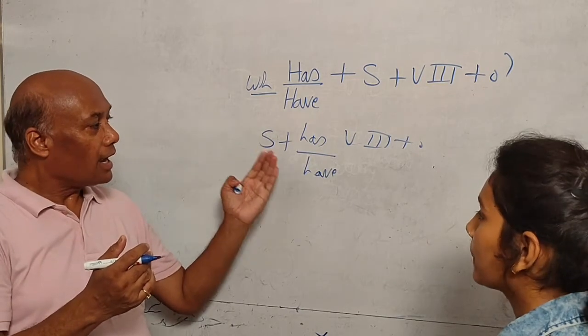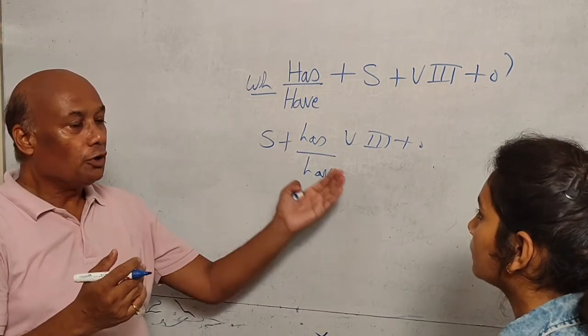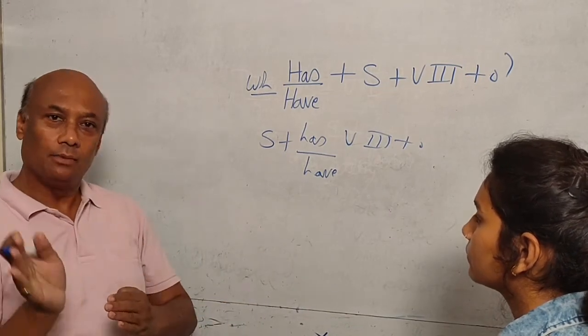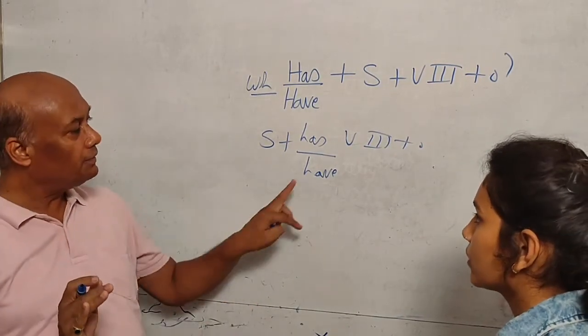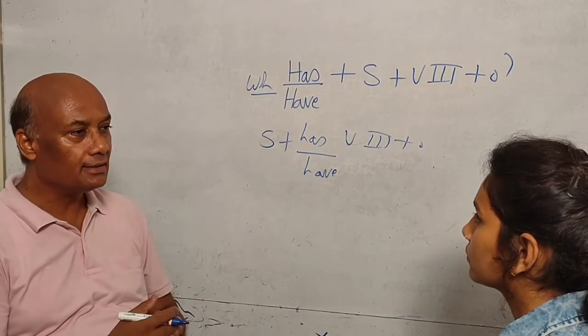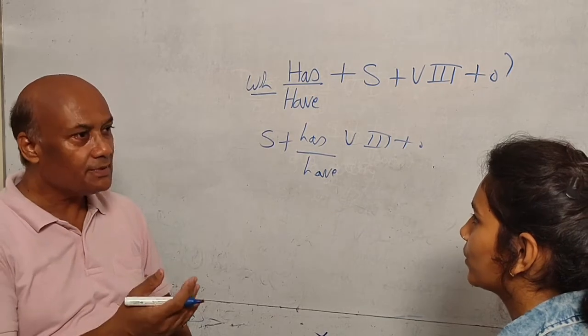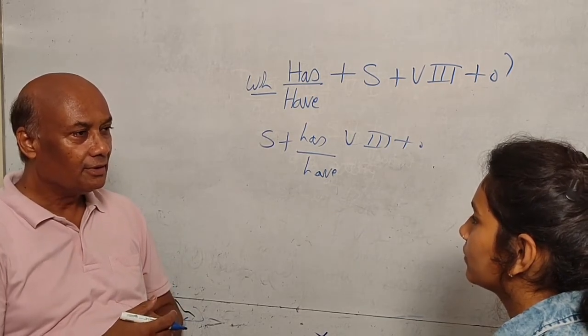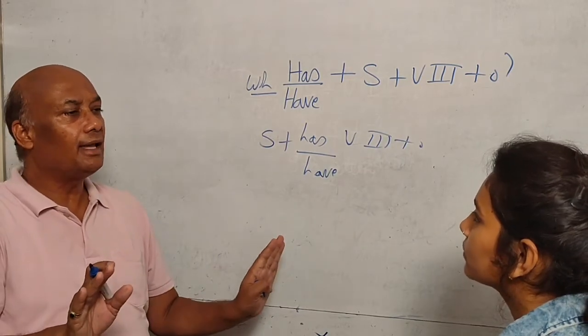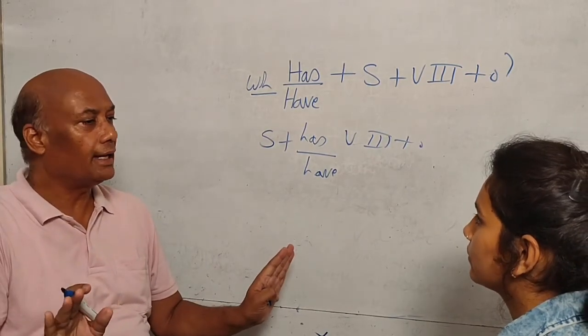What have your parents done recently? In parents, father and mother both, so we will put have. So what have your parents recently done? Any special thing? No, my parents haven't done any recent activity.